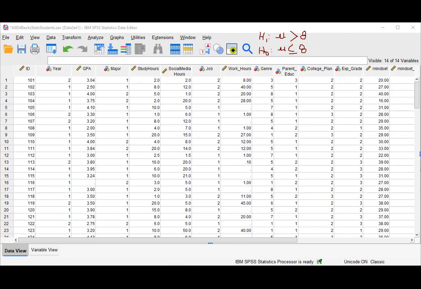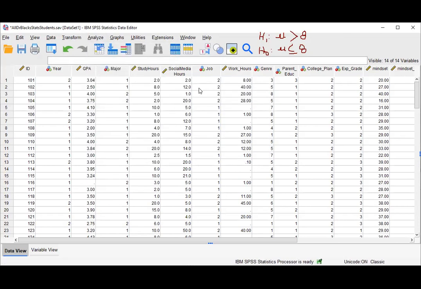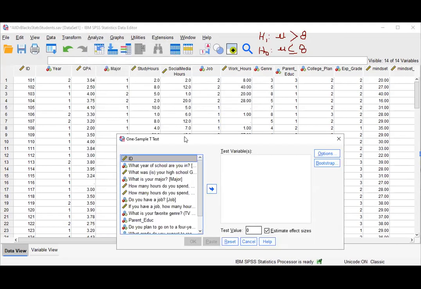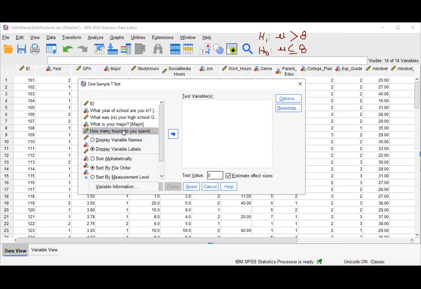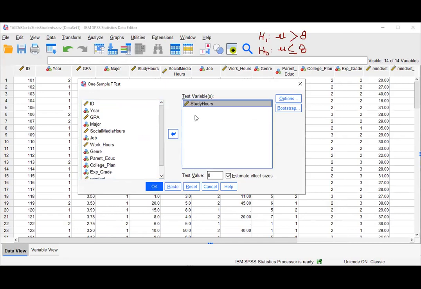To test this hypothesis, we select Analyze, Compare Means, One Sample T-Test. We can right-click this variables field and select Display Variable Name, so it's easier to see study hours. We move our study hours into this test variables field.